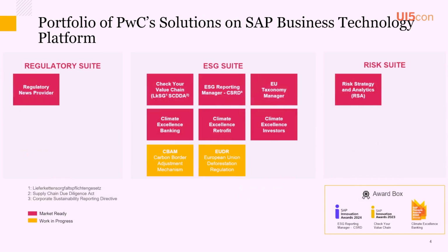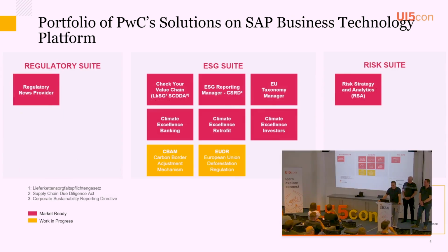This is a short overview of our product portfolio. We focus on ESG, regulatory compliance and risk management. The rectangles here are our modules, and they are tightly integrated with each other, so you can compare it to an ERP system.